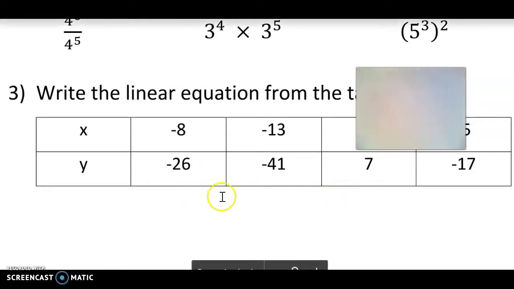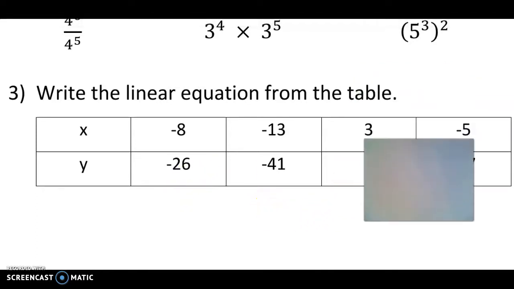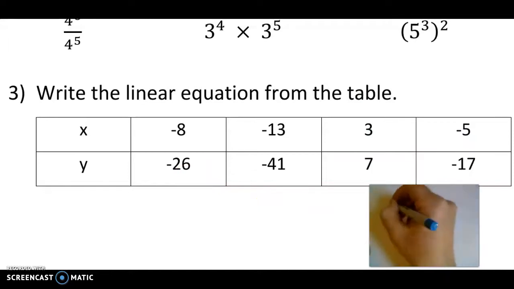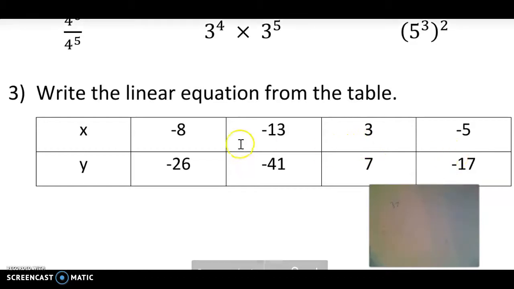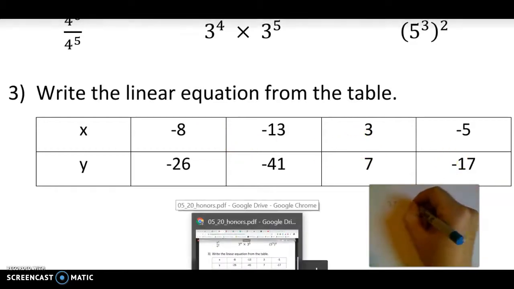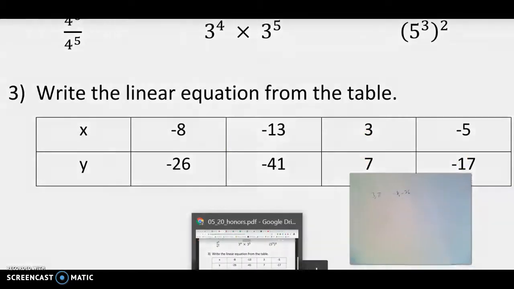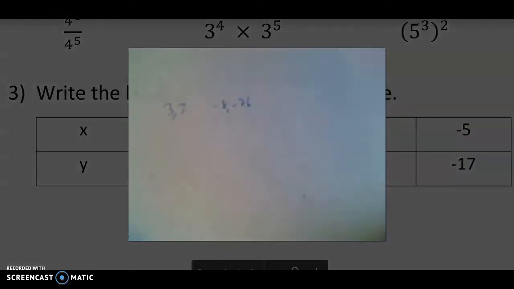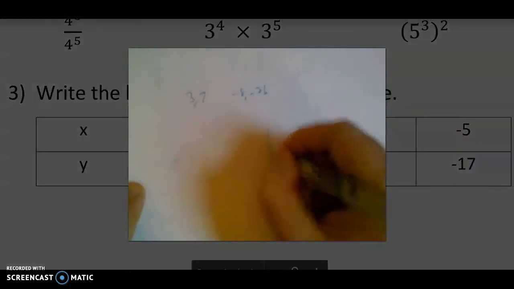So I mix the table up, which means I'm going to choose any two coordinates that I want. I'm going to choose 3, 7, and let's go -8, -26. So using those, I'm then going to use the idea of a slope triangle.